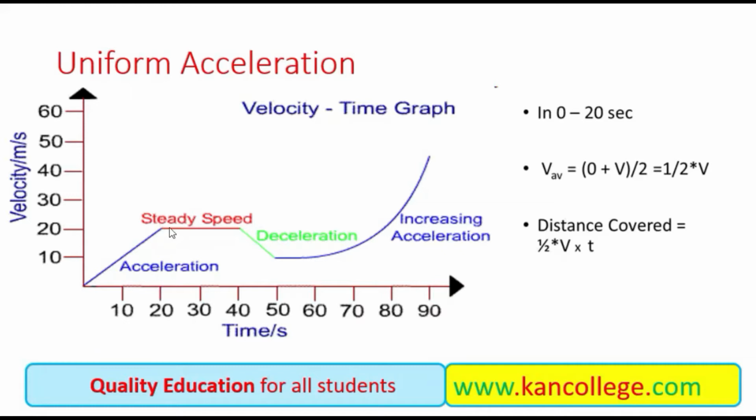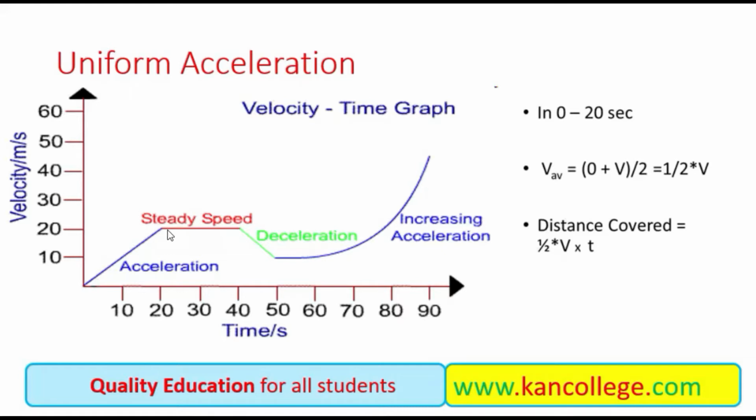And from 20 to 40 seconds, the body is moving with a constant speed. And from 40 to 50 seconds, the body is decelerating, or decreasing its speed. And then from 50 seconds onward, the body is increasing its speed exponentially, or it has some variable acceleration. So in the first phase, the blue portion of the line, the body is accelerating with uniform acceleration.